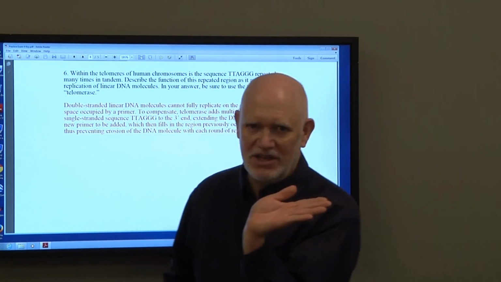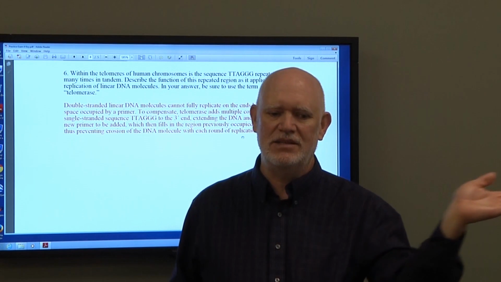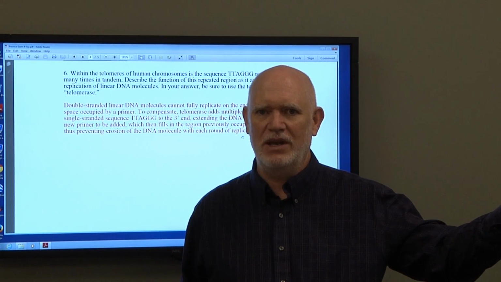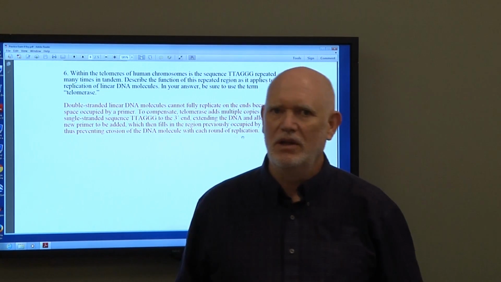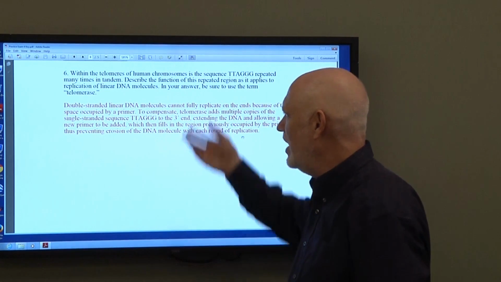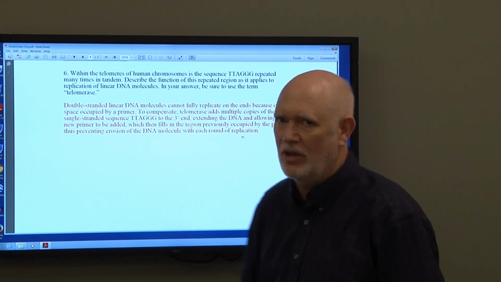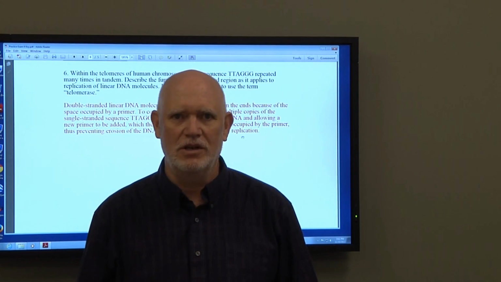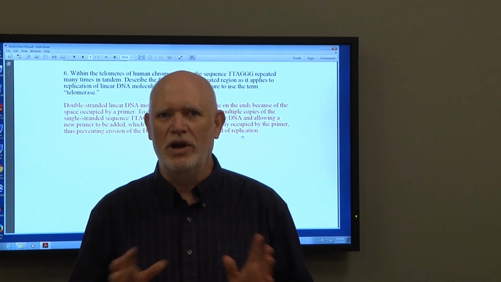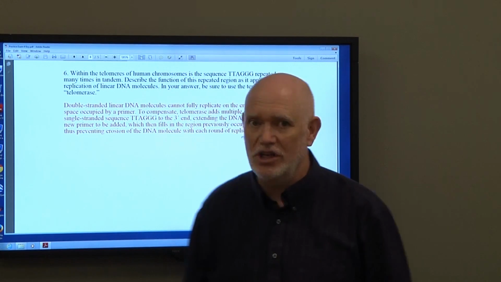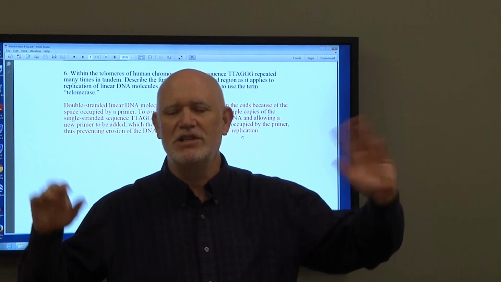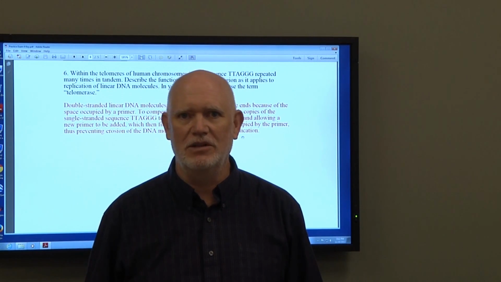What telomerase does is it goes in and it extends the DNA on the 3' end, allowing a primer to then be put on so that the gap can be filled in. And it's a way of preventing the erosion of the DNA molecule with each round of replication. So make sure you know this sequence, TTA-GGG, what it means and what telomerase does to make telomeres.